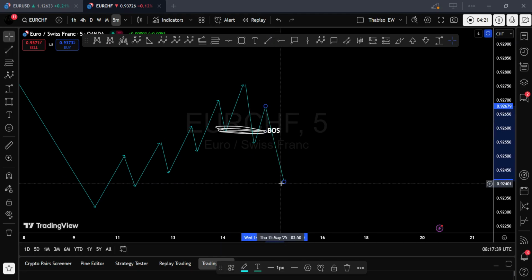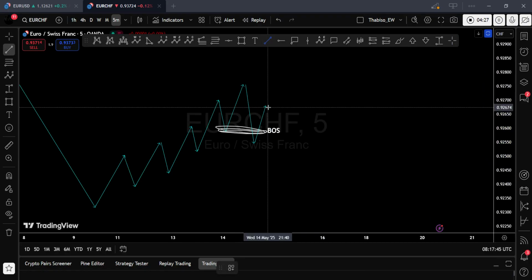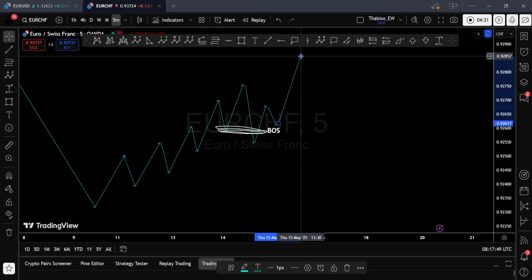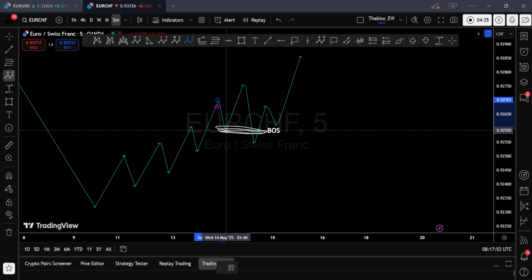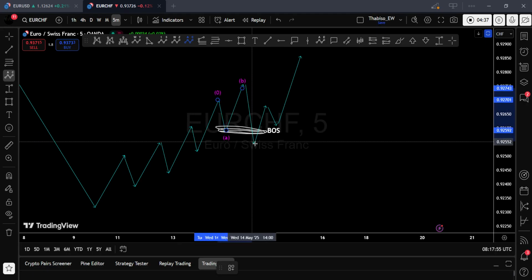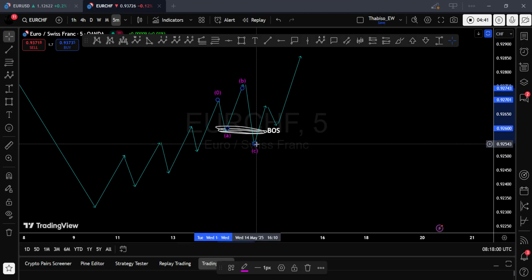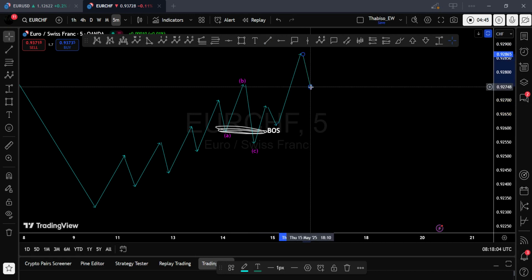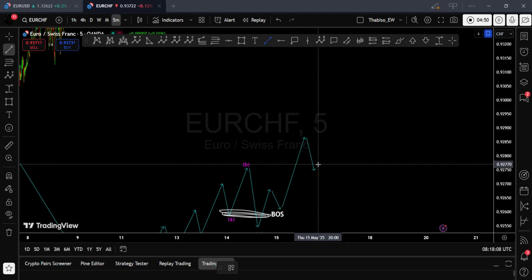No, sometimes you have a BOS, but instead of going down, the market will just come here and then proceed going up. Usually that is what we call an expanding flat correction. So the C takes out that higher low, but the trend will continue going up, and we'll keep on getting a continuation of the trend to the upside.